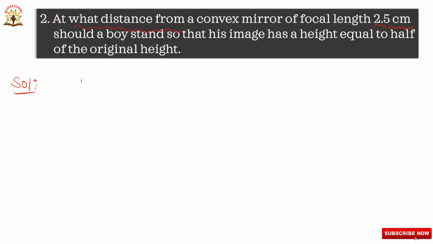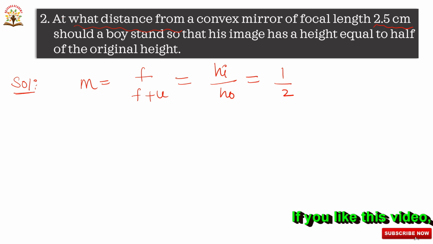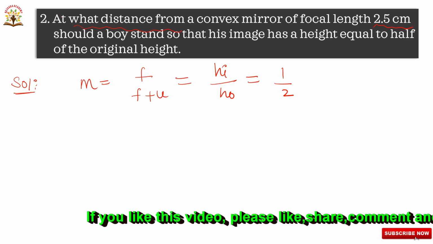m is equal to f by f plus u, that is equal to height of the image by height of the object, that is equal to 1 by 2. Here they given that his image has a height equal to half of the original height.